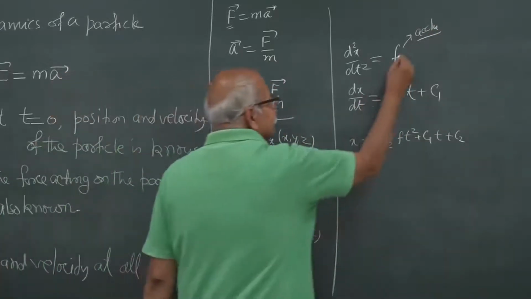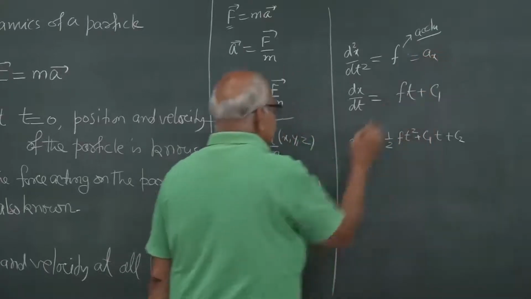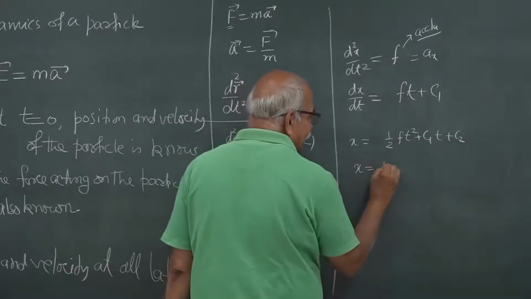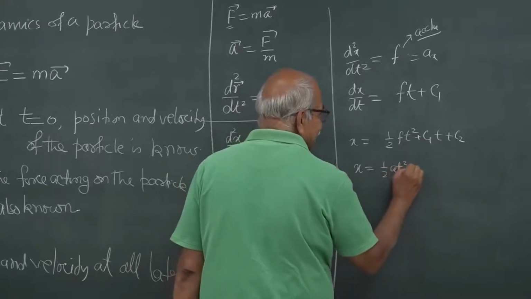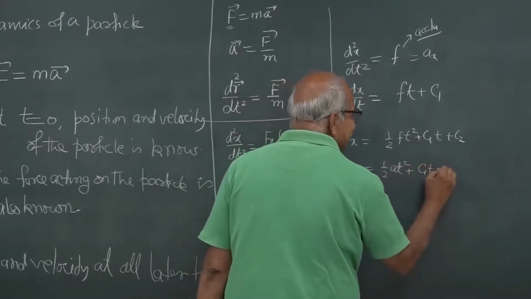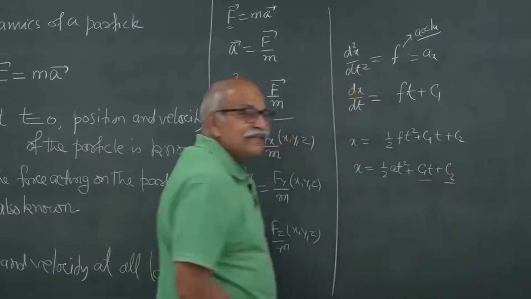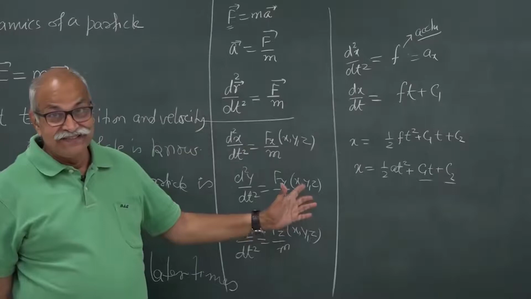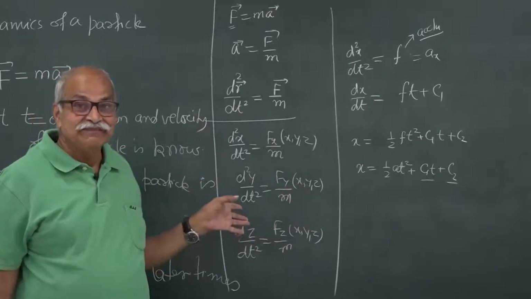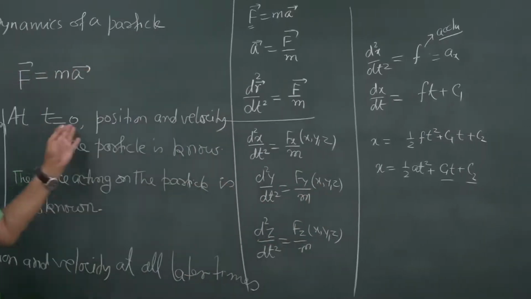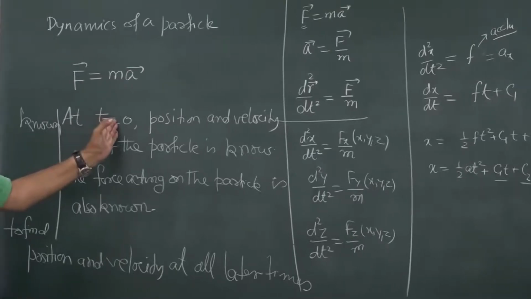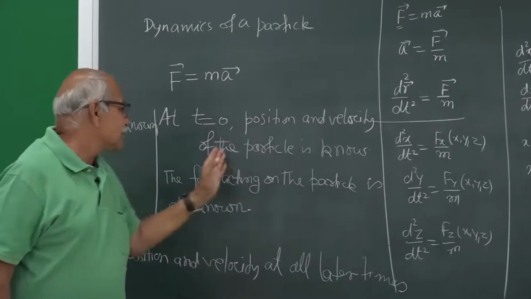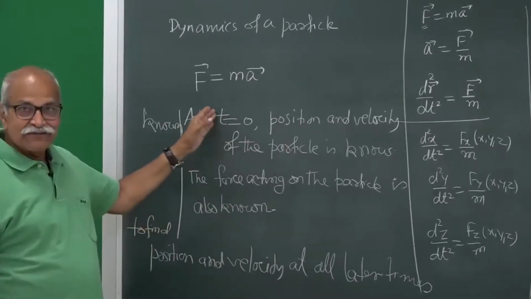So, if you write this Fx by m as ax, your x is equal to half a t squared plus c1 t plus c2, and these two constants are not known as such with this much information. So, what you need is, at t equal to 0, that means at some instant, I know the position and I know the velocity, and I am calling that t equal to 0.